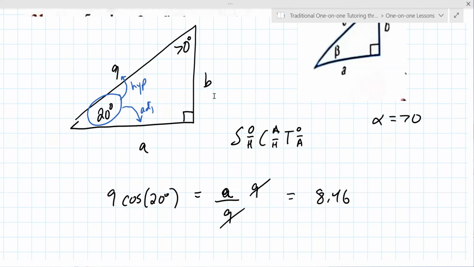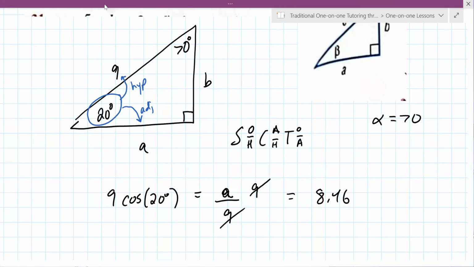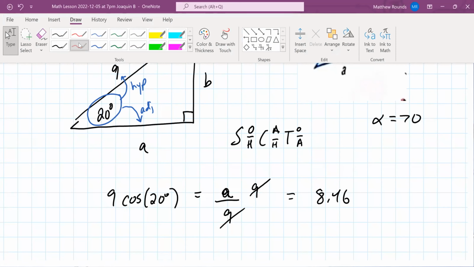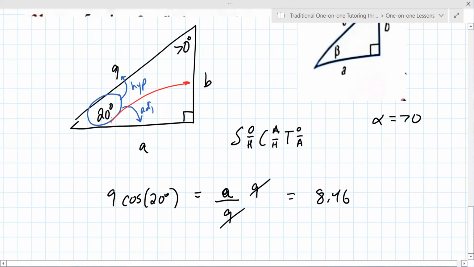So to find B, we need the opposite and the hypotenuse, right? Yes. So it'd be sine of 20 equals opposite B over 9. Very good. We multiply by 9 on both sides.